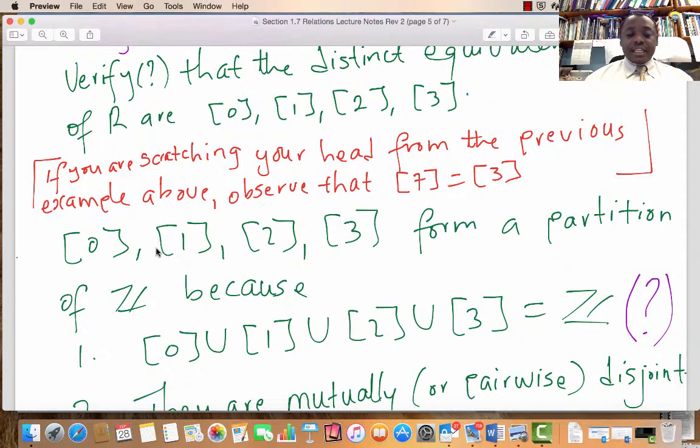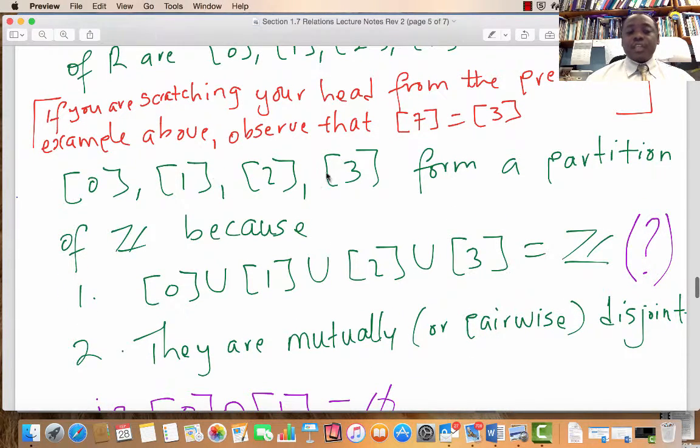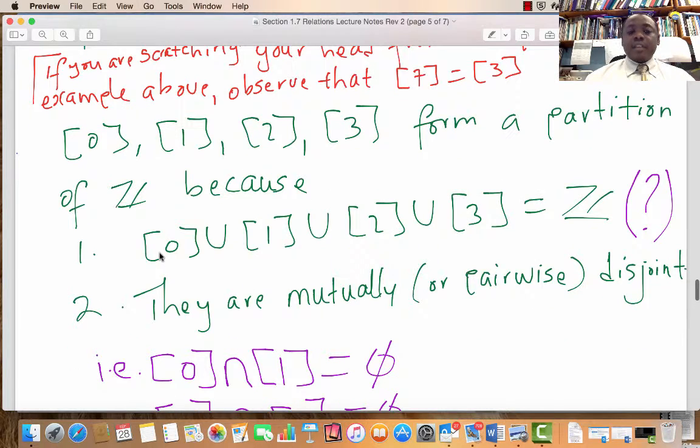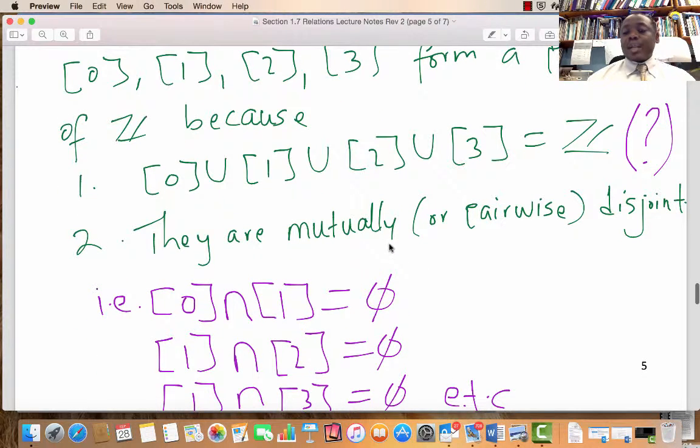So what we are saying is this: the equivalence classes 0, 1, 2, 3 form a partition of the set of integers, i.e., each of these would be non-empty. The union of these equivalence classes would actually give us the set of integers Z, and they are mutually or pairwise disjoint.